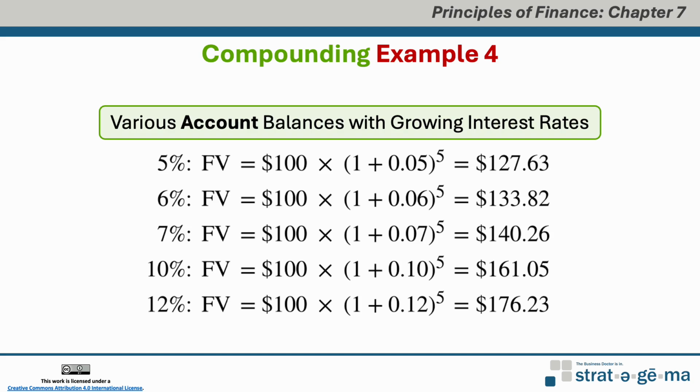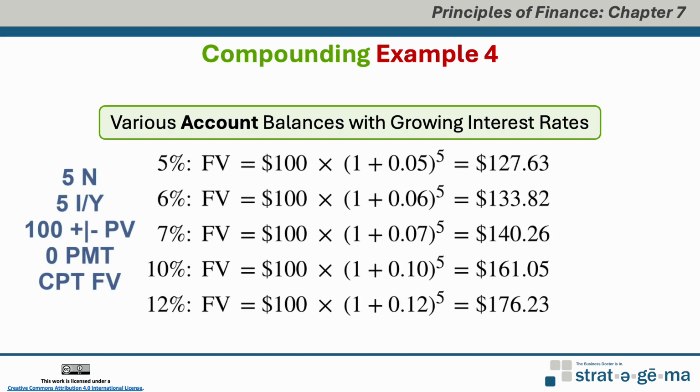So manually, we know what 5% looks like, 127.63. So to determine the values at the end of 5 years, we can use the formula. At 5%, that's 100 times 1.05 exponent 5, or 5 N, 5 I/Y, 100 PV, 0 PMT, and compute the future value.